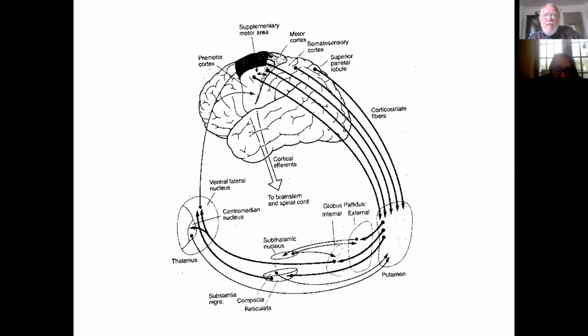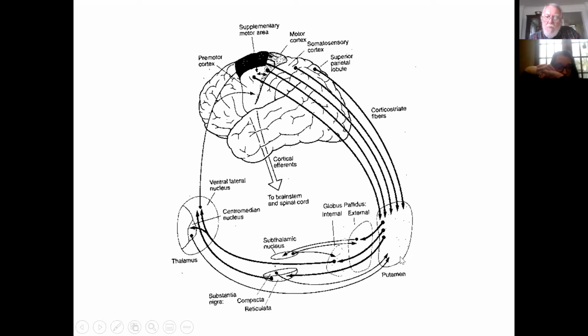One thing that we basically know about is that some parts of the somatosensory cortex and some parts of the motor cortex and some parts of the premotor cortex all will send out outputs into the putamen, and consider for this also the caudate.